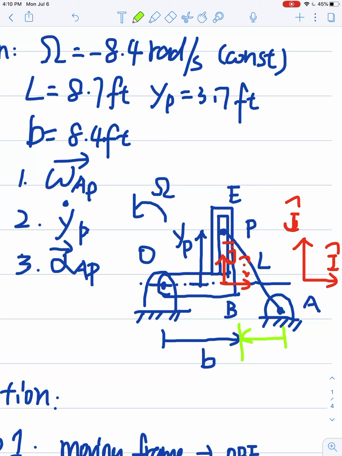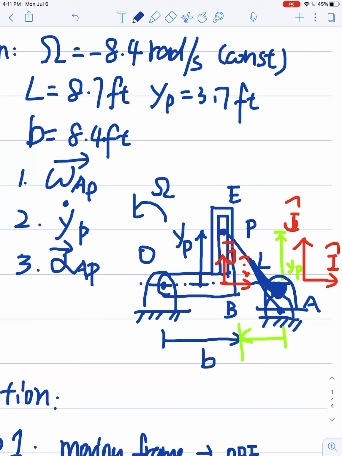However, we do know the y distance here is yp. Sorry about my drawing there. The drawing should be, so this bar is connected to this AP, and so we know the y direction, which is yp.